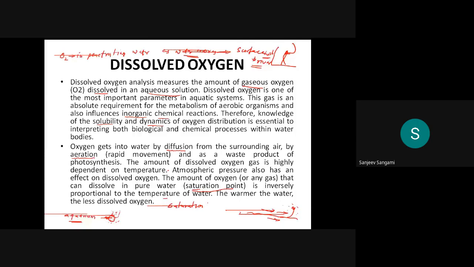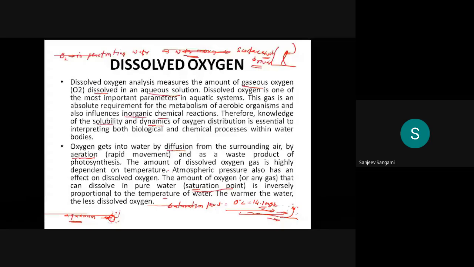Normally the saturation at 0 degrees centigrade, the maximum we will get is 14.1 milligram per liter. This is the saturation point. Then at 25 degrees centigrade it is about 9.1 milligram per liter.